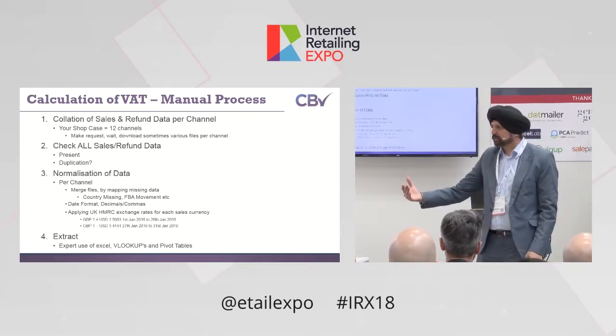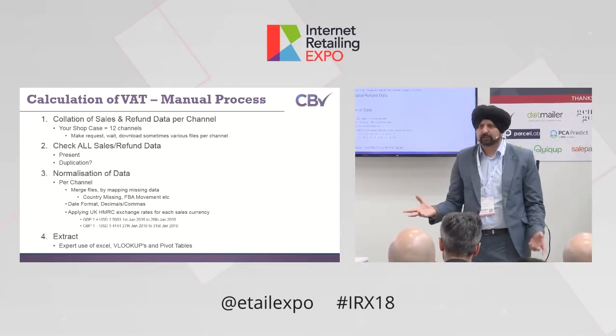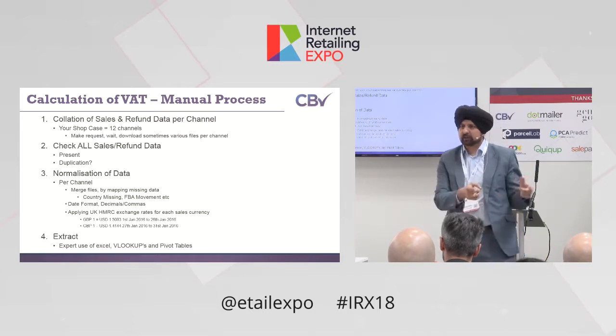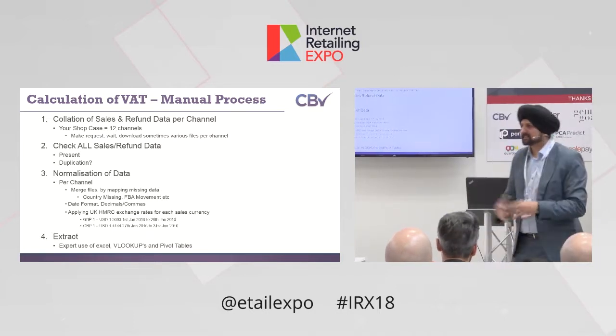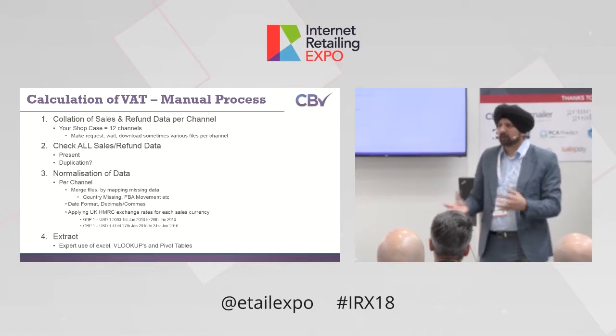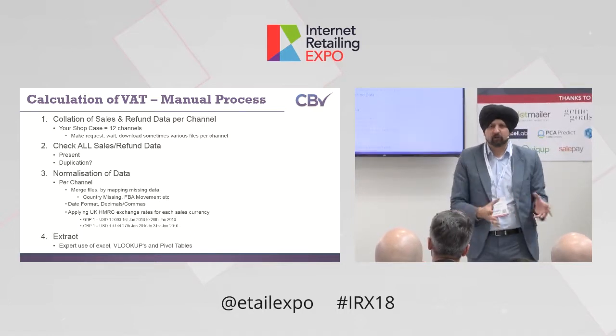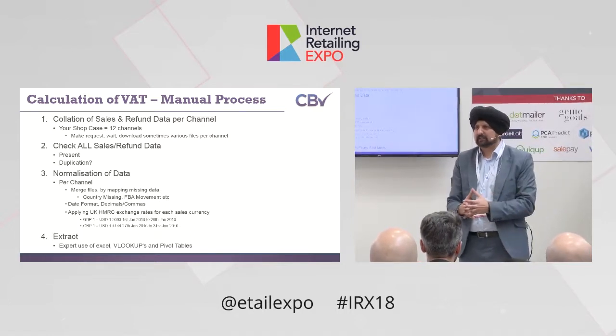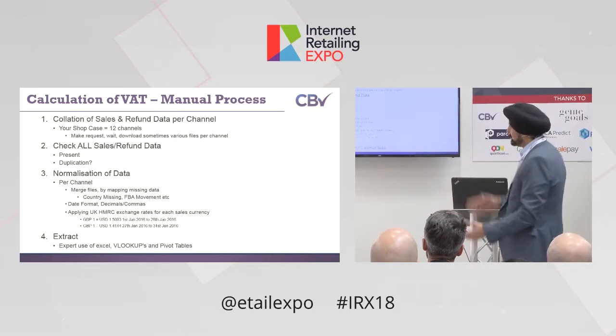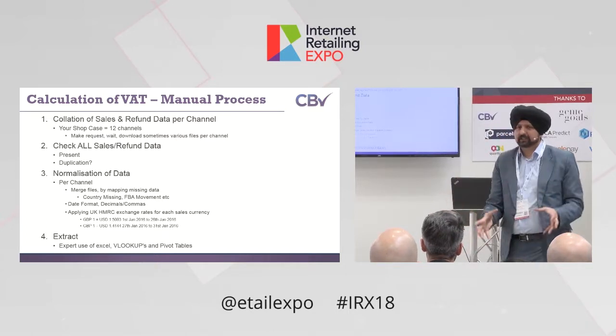You've got data which has got commas instead of decimal points, euros use commas, you've got the long date format for Germany, etc., etc. You've got this plethora of different reports, all in different formats. You've got to normalize all that data, which is going to be time and effort. So if you were doing this manually, that's what you need to do.